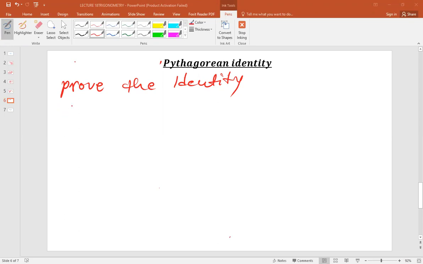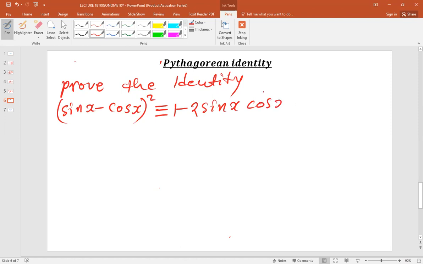So we have sin x minus cos x, and then everything squared. So we've been told to prove that this is equal to 1 minus 2 sin x cos x, 1 minus 2 sin x cos x.